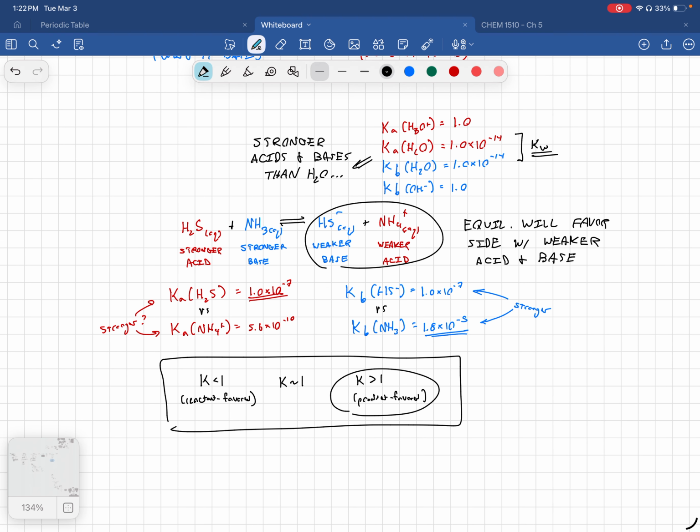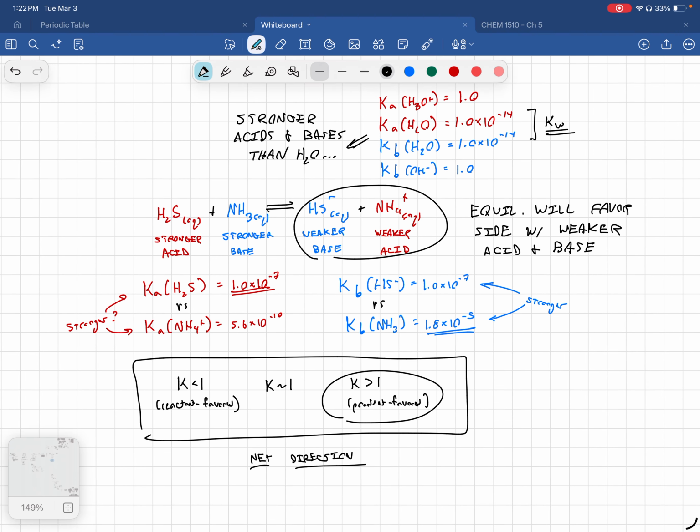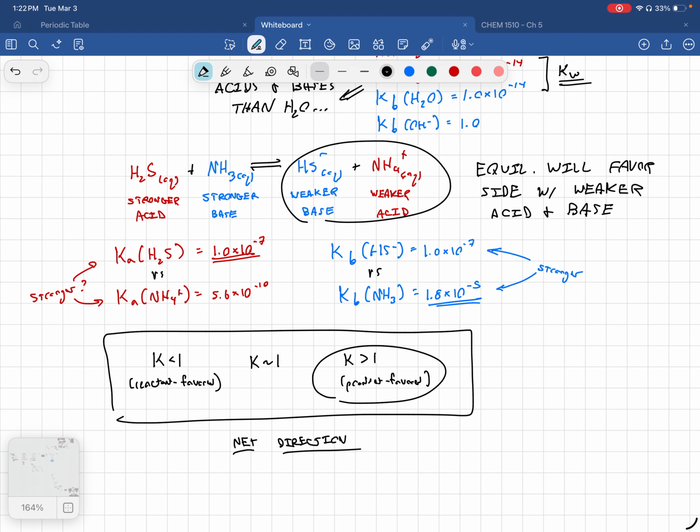Okay, so this is how we determine the net direction of the equilibrium. Again, the stronger acid is going to react with the stronger base.